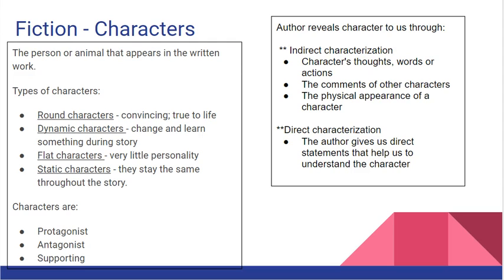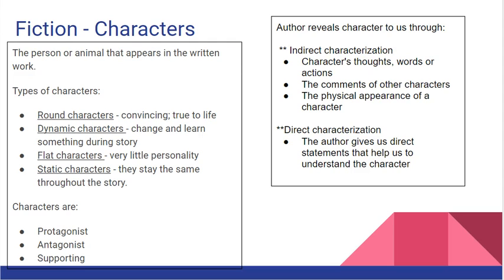If you have a story with a flat character, there's somebody that's not very believable and they have very little personality. Rarely do we like to see a flat character in a story. A static character is a character or person within a story who stays the same throughout the story. They do not change, they do not grow. They are the same from beginning to end.